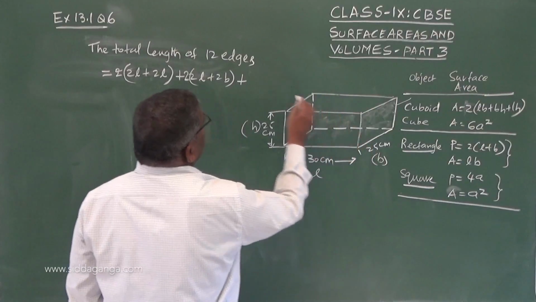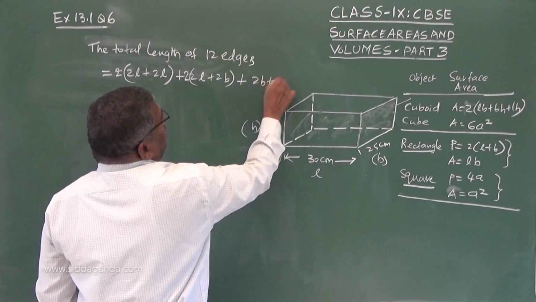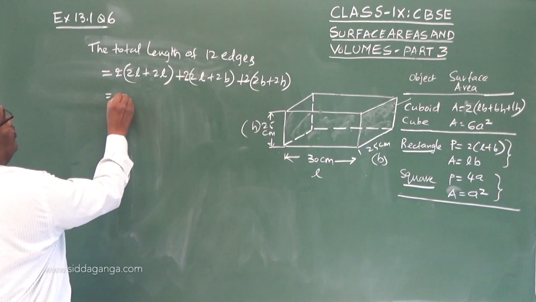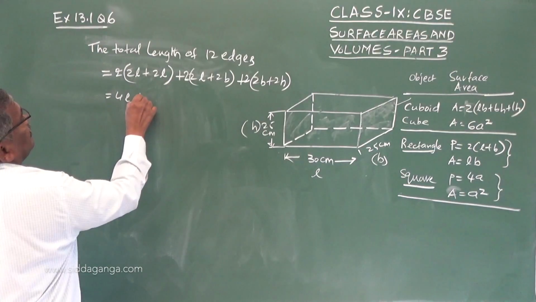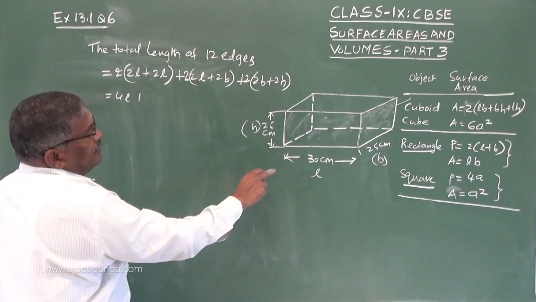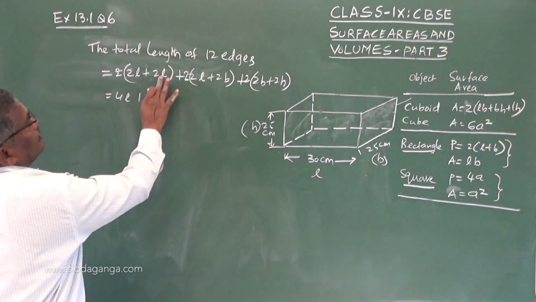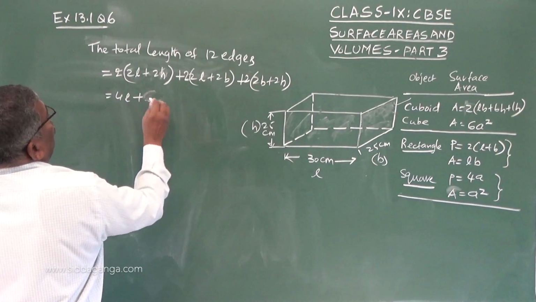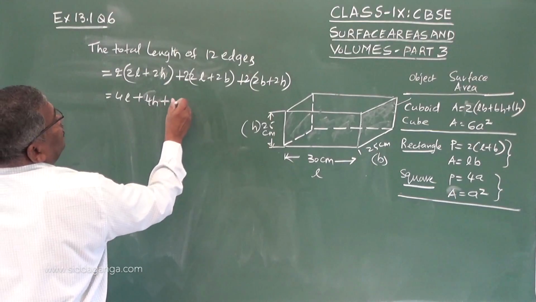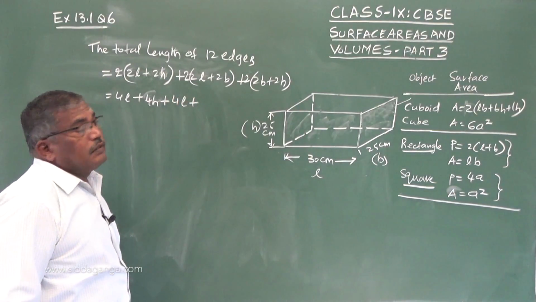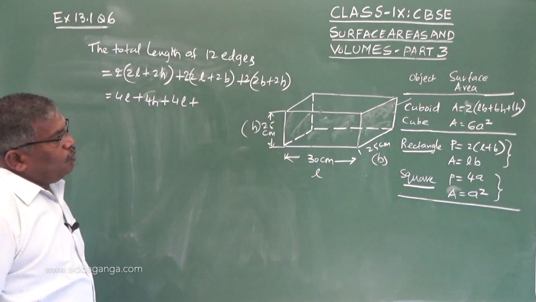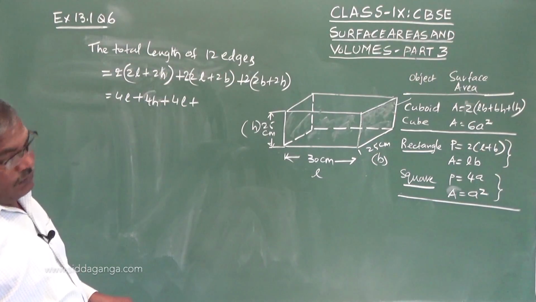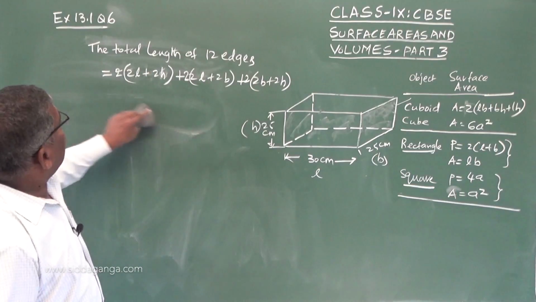This is B and this is H, so 2B plus 2H, again times 2. So this becomes 4L plus 4H plus 4B.